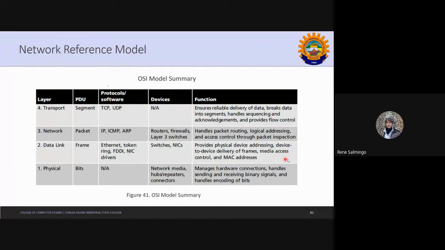Now the second layer provides physical device addressing and device-to-device delivery of frames. Your physical address is also included, and the bits will be transformed into frames. After that, they will be transformed into packets at the network layer, which handles packet routing, logical addressing, and access control. After that, the packet will be segmented and delivered to another layer.